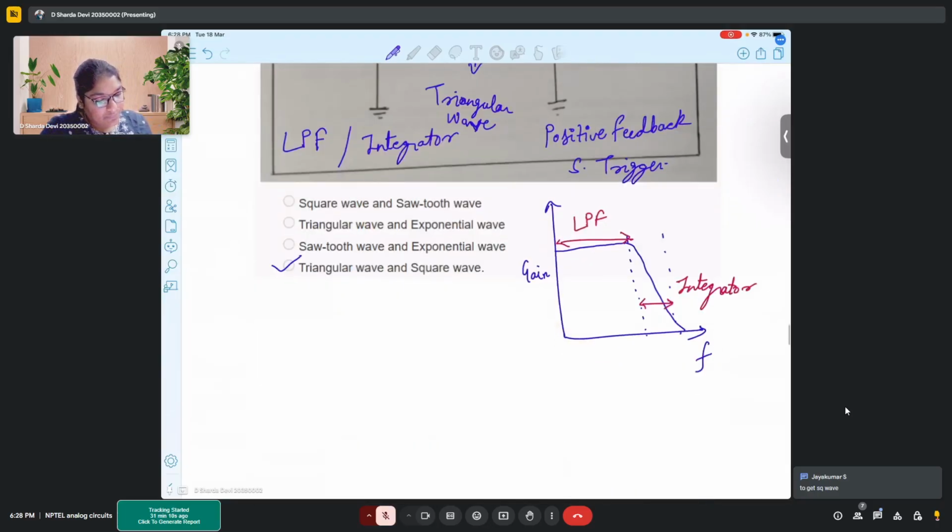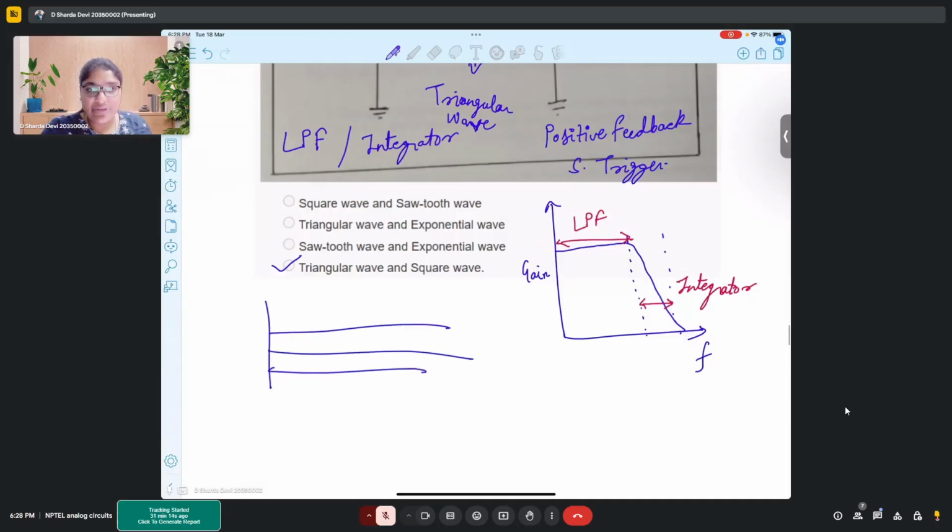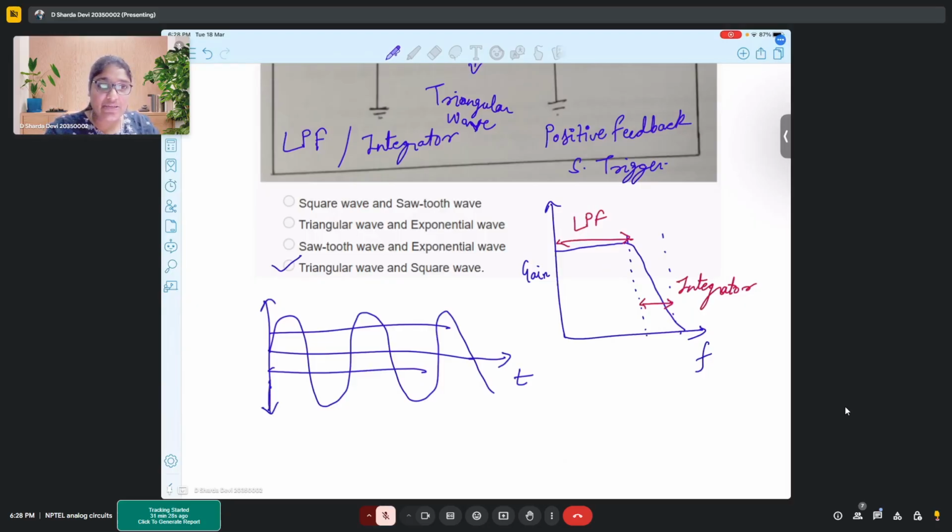So see, the idea is you will get two thresholds from your Schmitt trigger, and you need to have some kind of waveform which can cross both the thresholds to give you two saturating outputs, plus VDD and minus VDD, which is the output of a Schmitt trigger, right?